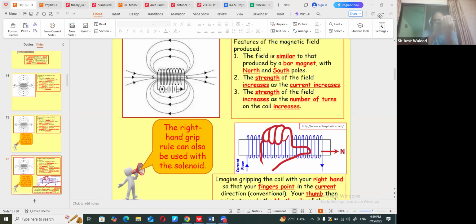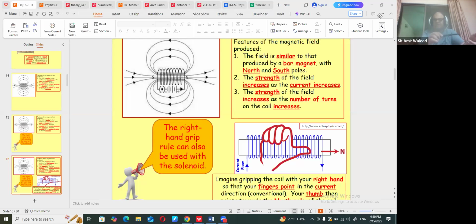So, basically, the right hand grip rule means anti-clockwise. So, if the current is in this direction, for example, you will grip like this, because in this case, the north will be this. My hand will curl in this direction. So, it's going this way, like this. So, my hand will be in this direction. This thumb shows the north and definitely the other side will be the south.